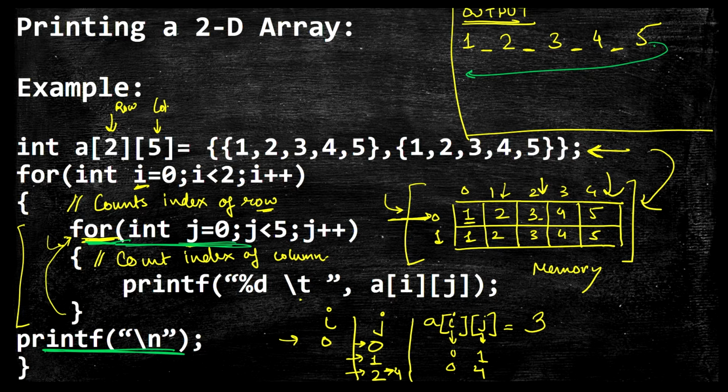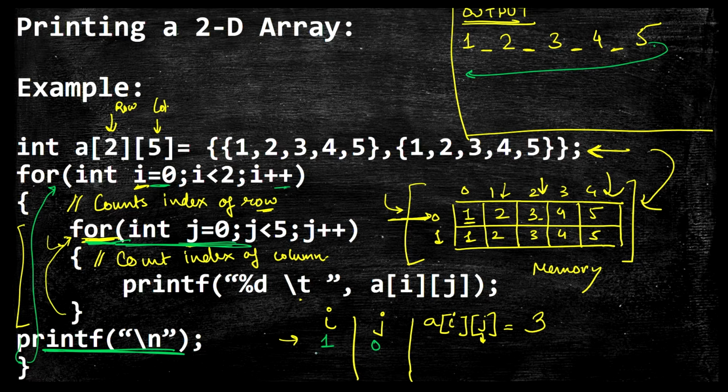Now what happens? The i loop is still there. Now the i loop will increment. So i was 0 initially, and it will increment by 1. So now if I erase everything over here, i becomes 1 now, and j becomes 0 again.